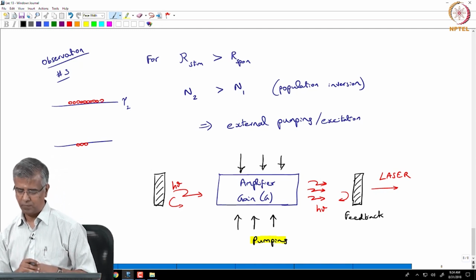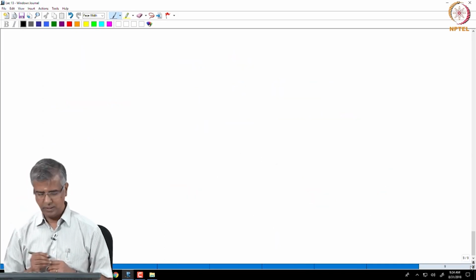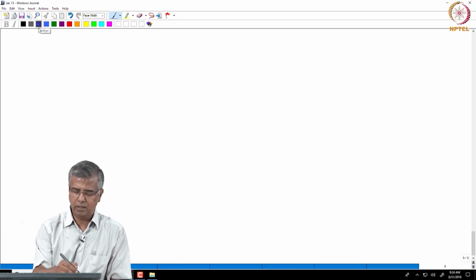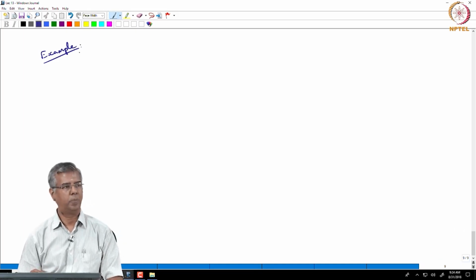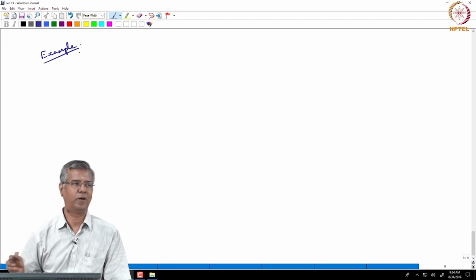Okay, we'll come back to some of those specifics, but let's go on to take an example now. I will take the example where we need an optical amplifier. What is the use of an optical amplifier? Of course, we saw the optical amplifier is a basic building block for a laser.